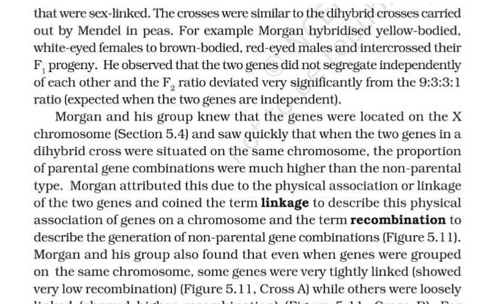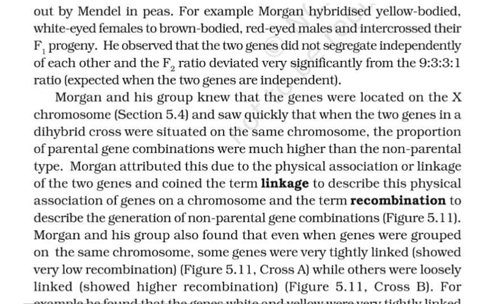Following this synthesis of ideas, experimental verification of the chromosomal theory of inheritance by Thomas Hunt Morgan, that is T.H. Morgan, and his colleagues led to discovering the basis for the variation that sexual reproduction produces.